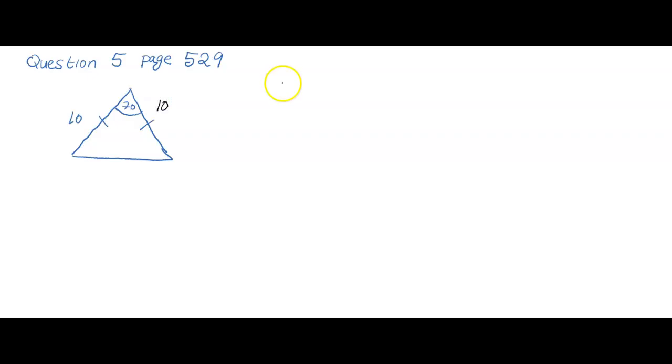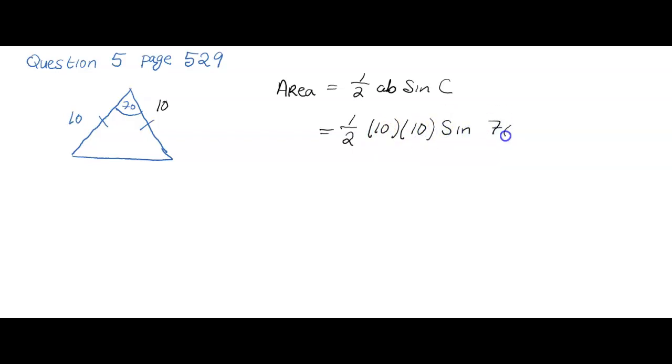So then we know that the area is equal to half AB sine C, okay? So area is equal to half of AB, which is 10 by 10, sine C, which is 70. So half of 10 is 5, by 10 is 50, sine 70.